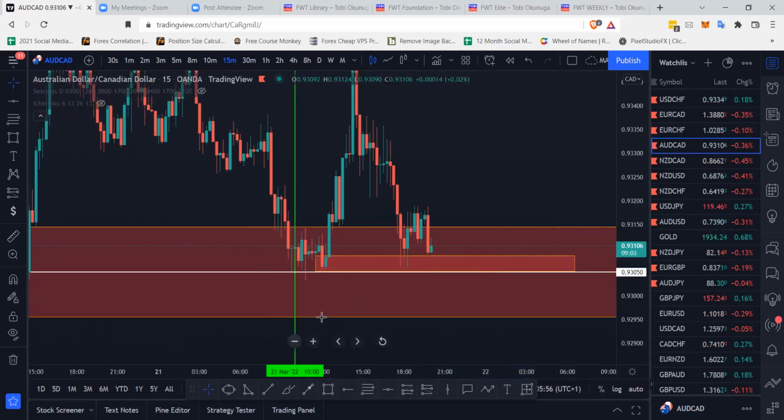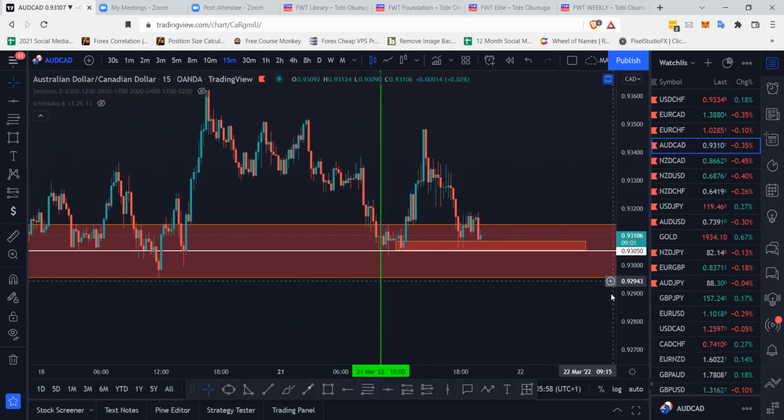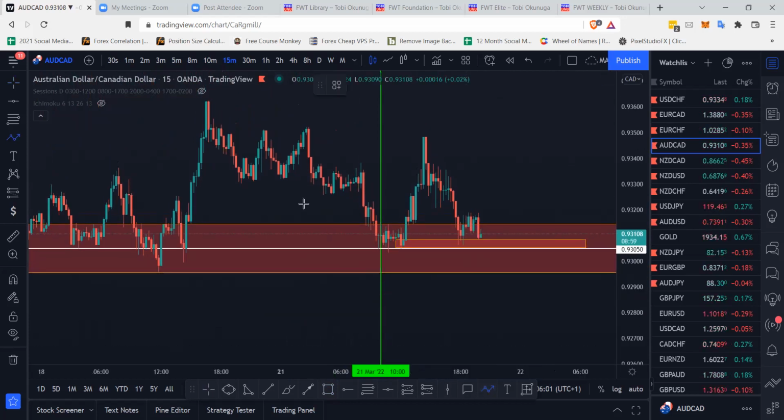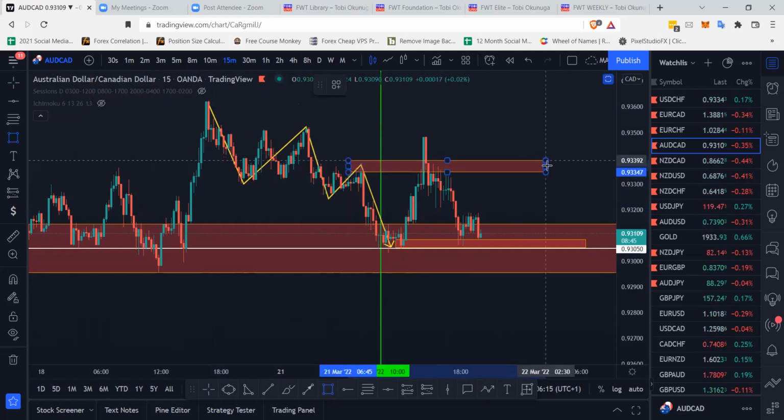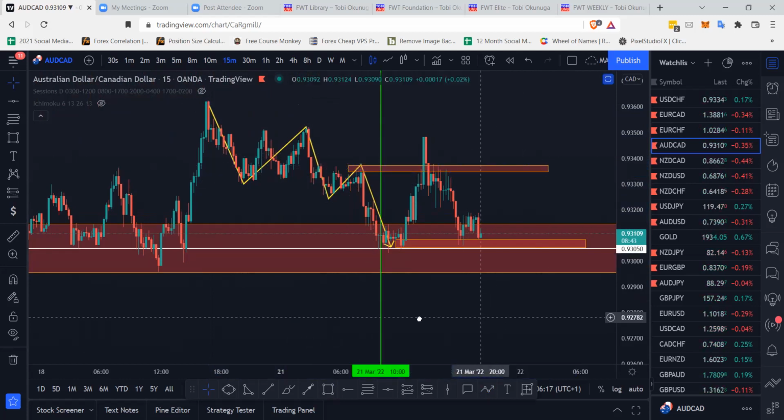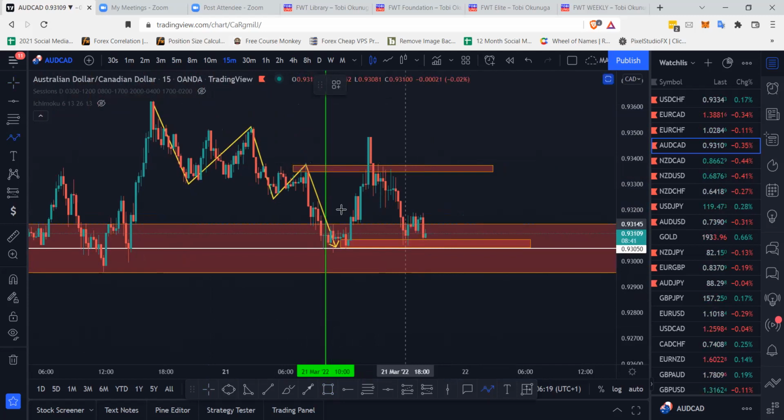Then looking at the entry that we have taken, you can see the trend, impulse, into the zone. So the structure that we're waiting for to be broken is this structure here. And then you can see that price has broken this structure area, and the price is back into the zone.